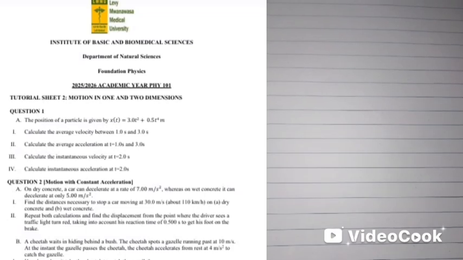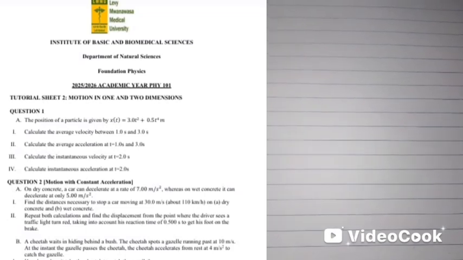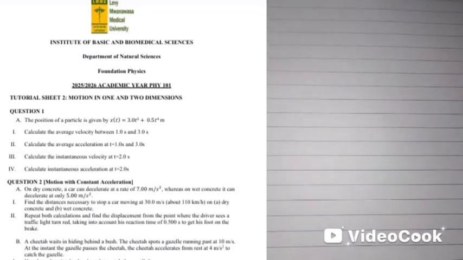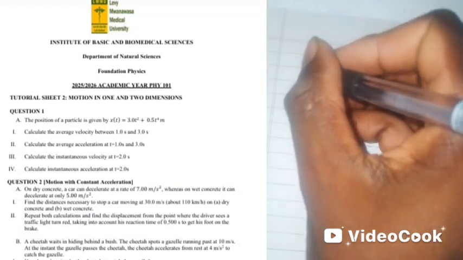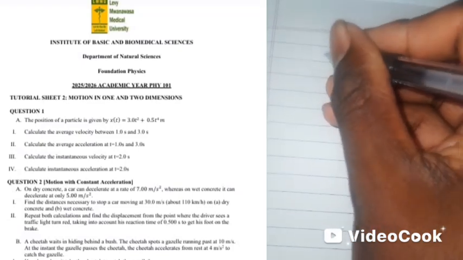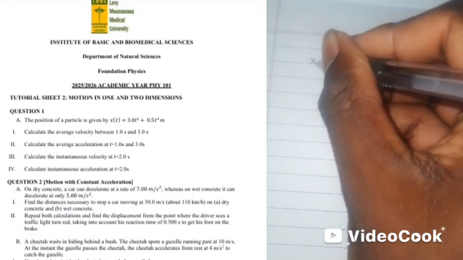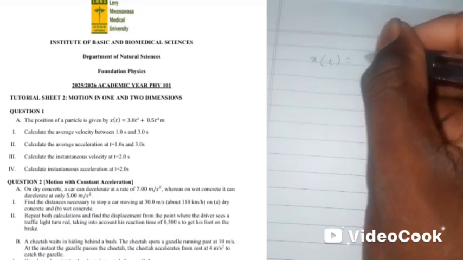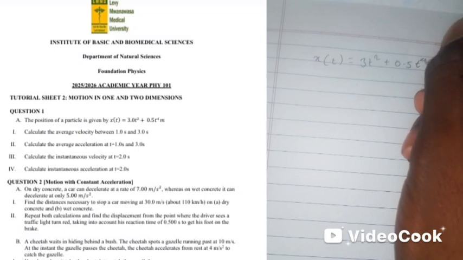It's not telling us to calculate the average acceleration between, which means we need to look for two separate answers. But the thing is that we've been given displacement with respect to time, being equal to 3t squared plus 0.5 t raised to the power of 4.